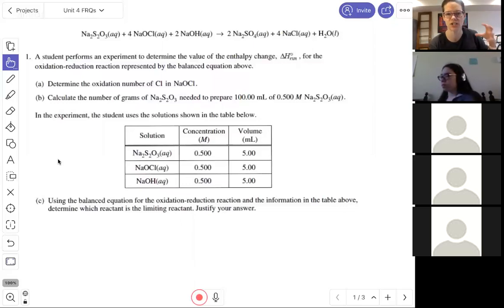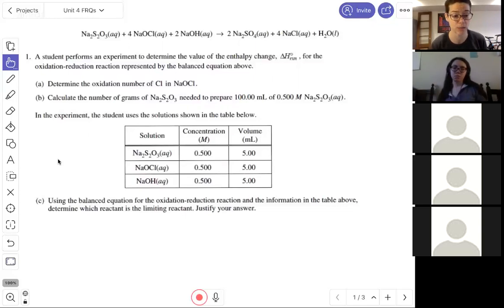Granted, I just chunked out portions of these questions. That's why we've only been focusing on questions from the last couple of years, because they have changed their approach. But looking at this first one, they give you a giant equation at the top.